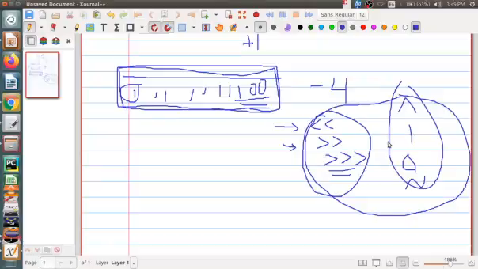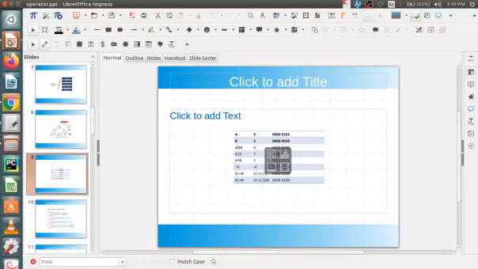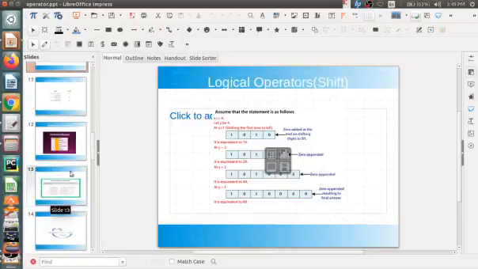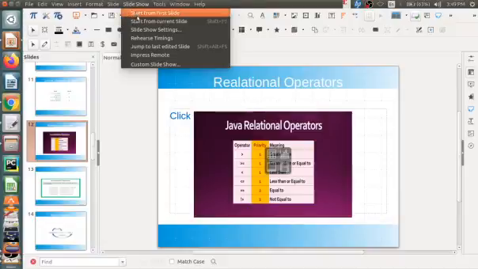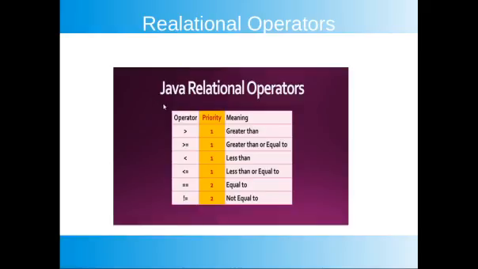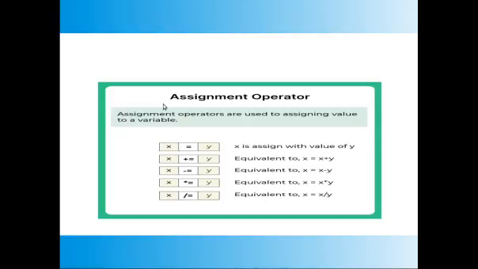So now we have covered almost all the operators, only the logical operators so far. We are left with the relational operator. This is a very important topic: relational operator and assignment operator.